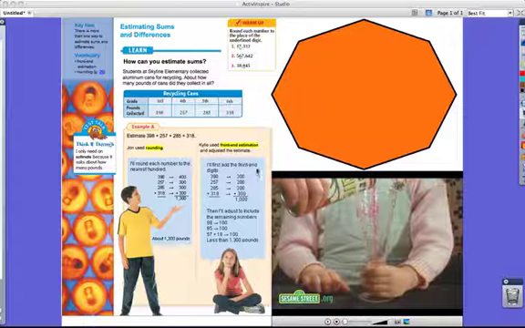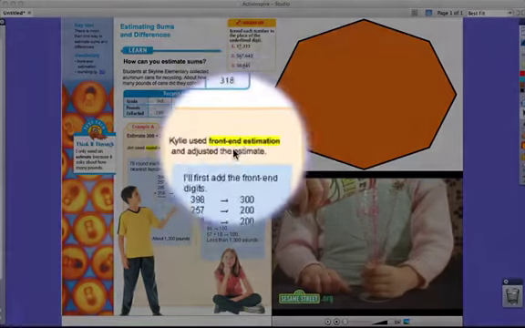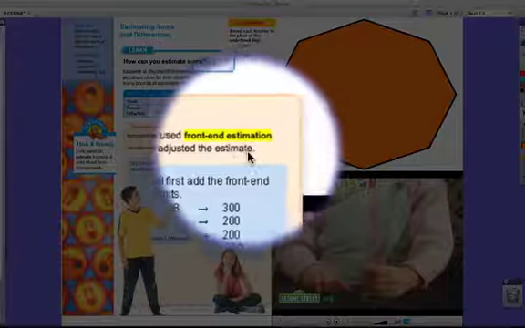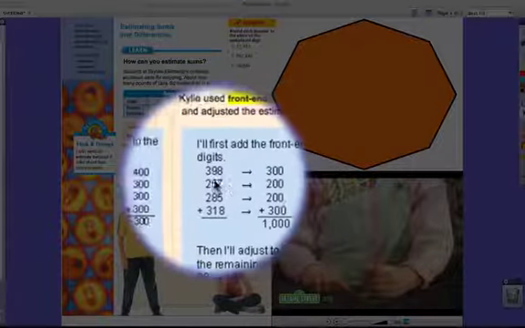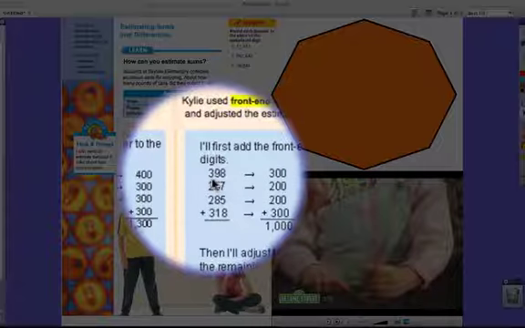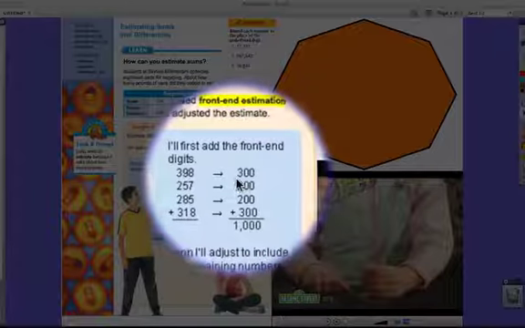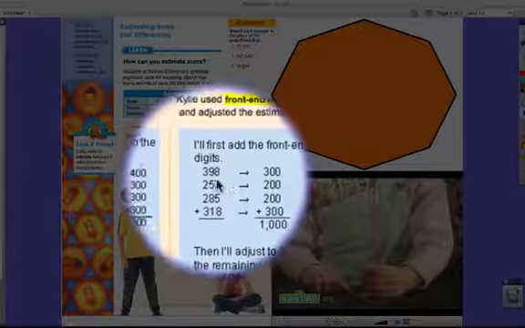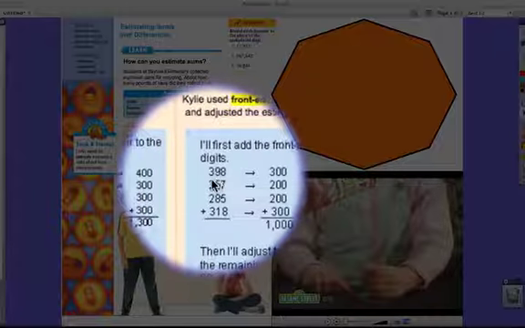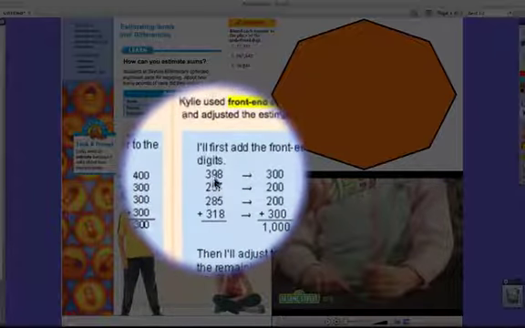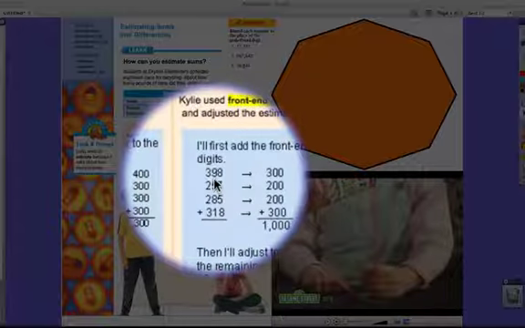The next strategy you want to use is something we call front-end estimation. Front-end estimation simply means you take the first number, which happens to be the 3, and you place it down here, and then the rest becomes zeros. So in this case, there's no underlining the hundreds place or looking to the right and asking yourself whether it is 5 or higher or lower than 5.